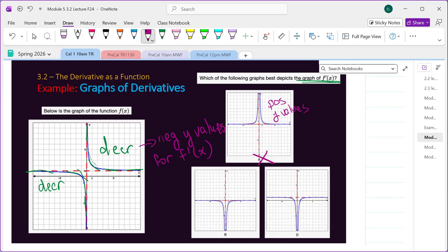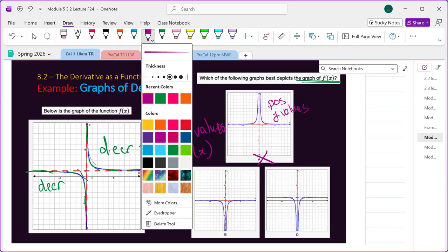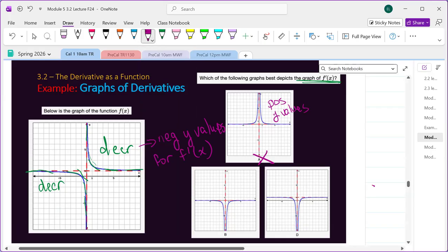So not A. On B, everything looks negative. And then D is a little weird. But D is tempting because D has the same horizontal asymptote as our original graph. But by looking at that higher horizontal asymptote, technically I've got a whole bunch of positive numbers, then a 0, and then a whole bunch of negative numbers. So D is not the graph of the derivative. There are some positive y values mixed in.